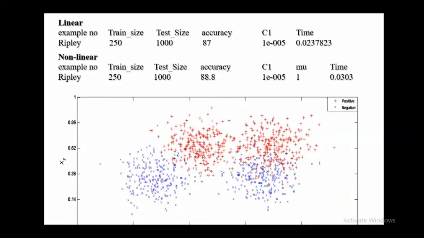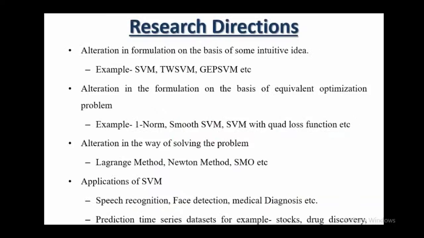So now some of the research directions under this particular area. Obviously SVM, no doubt, is a very old topic, but it's very popular and still very demanding in different applications. If you have a basic idea of SVM, TWSVM, or GEPSVM, then you can modify some of the things.